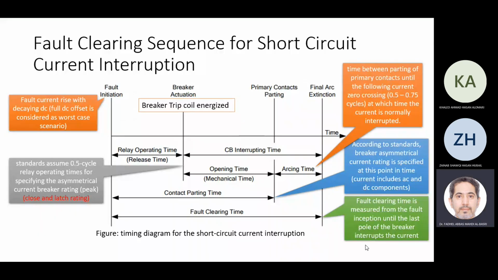Okay. وصلنا طبعا إلى هاي النقطة أو this slide. In the previous lectures I have covered يعني the types of circuit breakers, their classifications, their principle of operation and how to quench arcs.